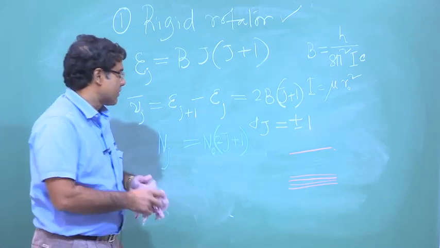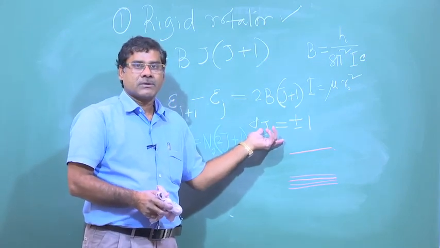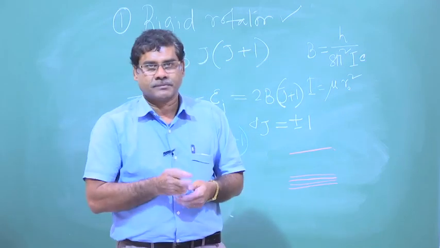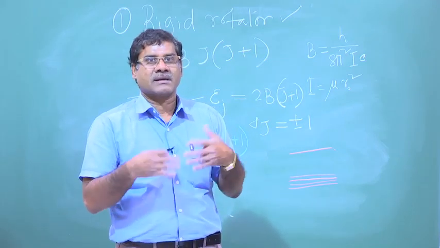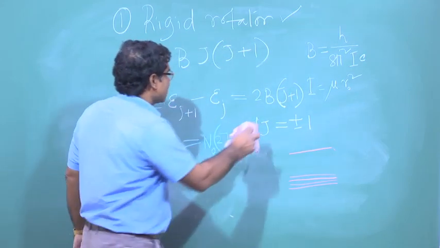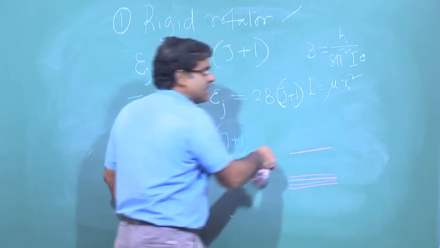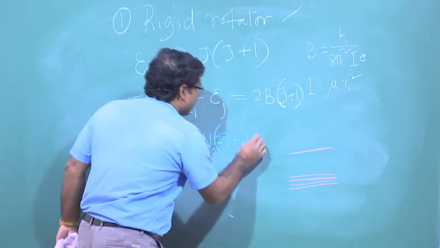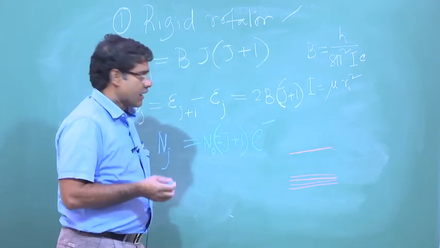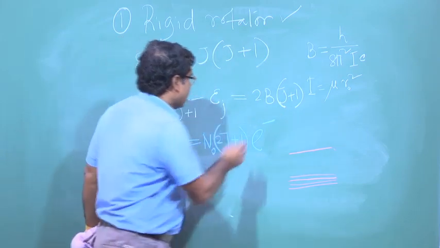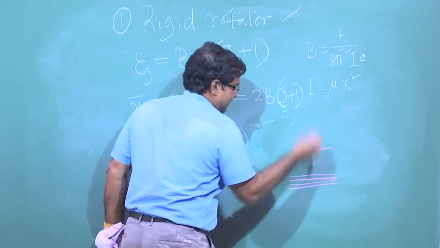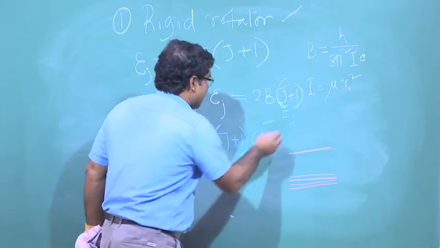All the time we use this Boltzmann factor. If this system is at a particular temperature, then what is the distribution? That is the Boltzmann distribution. What is the Boltzmann factor? e to the power minus E by kT. This connects the temperature of the system and the energy of the system. So e to the power minus Ej, in our case the energy of the jth level, by kT.